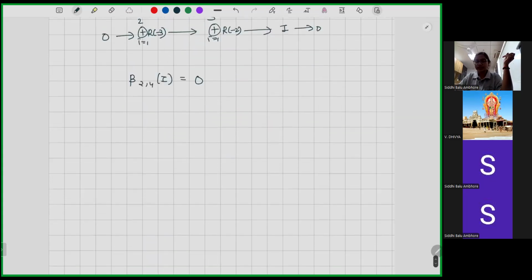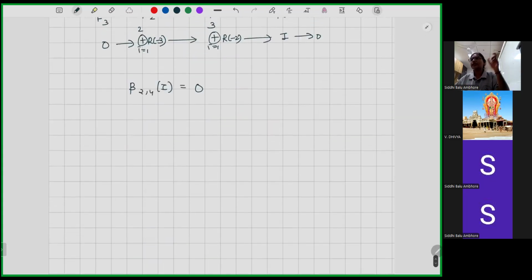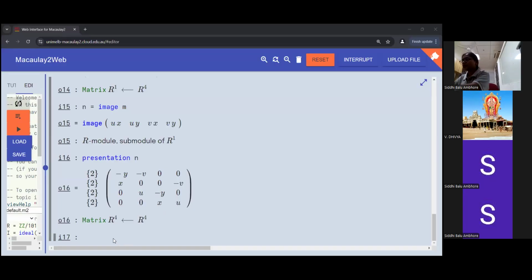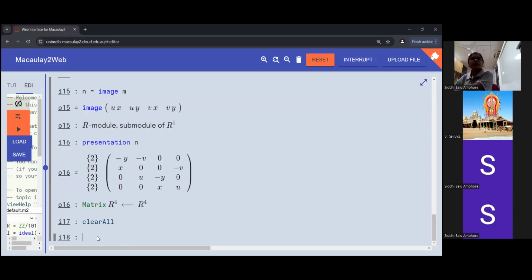And these Betti numbers also can be calculated in Macaulay 2. Let me show it to you, like how it is done in Macaulay 2. So let me clear all. If you have any doubt, please ask me. But I will show you how this Betti number is calculated.